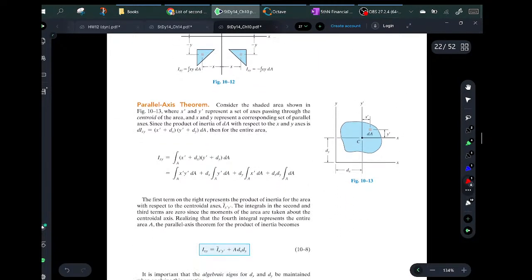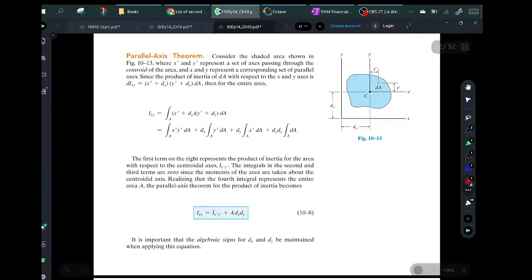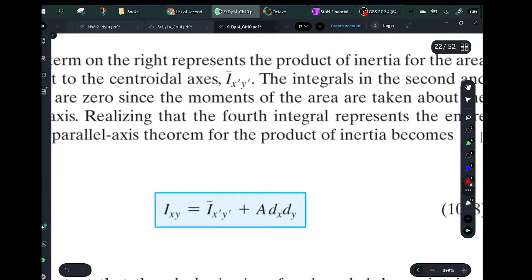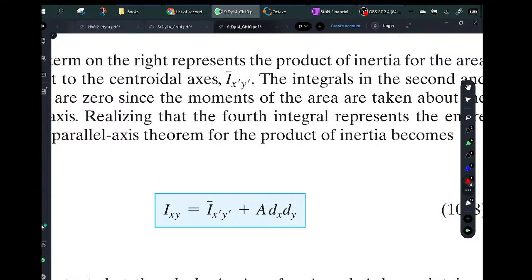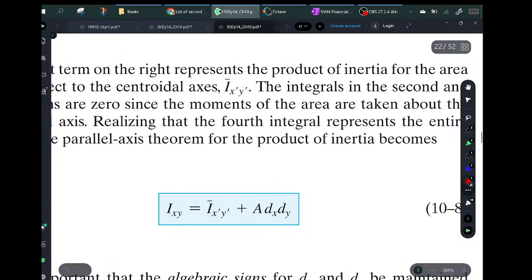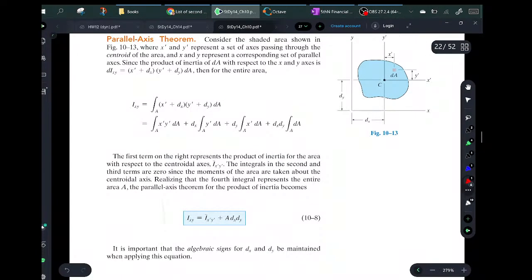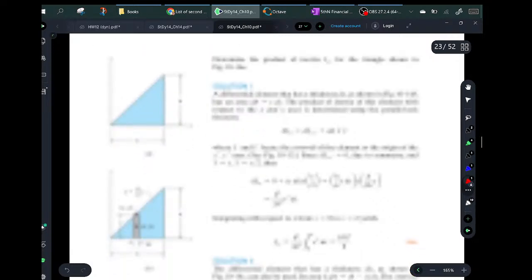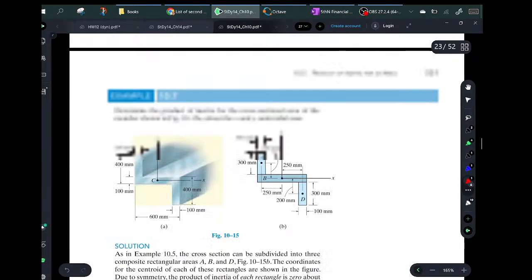So just basically understand that that's what's going on. And apparently we don't necessarily have to do this, but if you notice there's a parallel axis theorem here, instead of a dx squared or a dy squared, there's two components. And so if you get deeper and deeper into this, you'll realize that you can do coordinate transformations to move from one to the other.